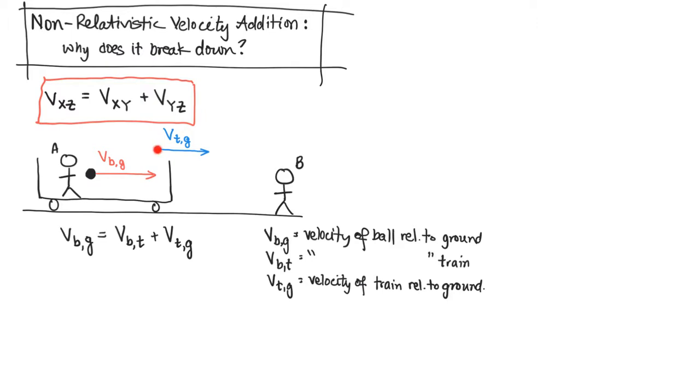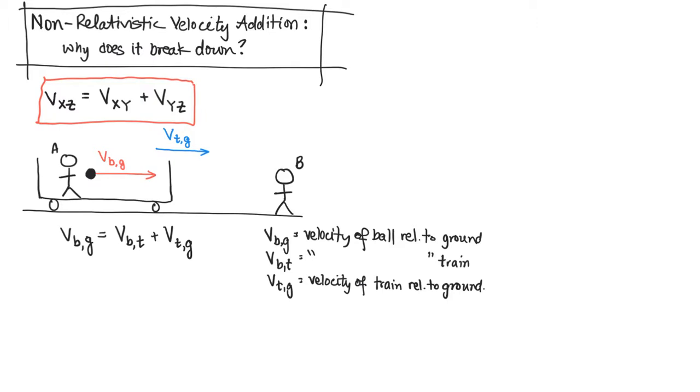We have the velocity of the train relative to the ground, VTG, written out here, and we want to know what is the velocity of the ball relative to the ground, VBG. We know from our general equation that that velocity can be expressed as the sum of the ball relative to the train and the train relative to the ground. Let's give ourselves some actual numbers here.